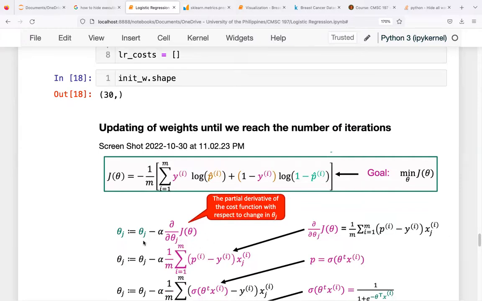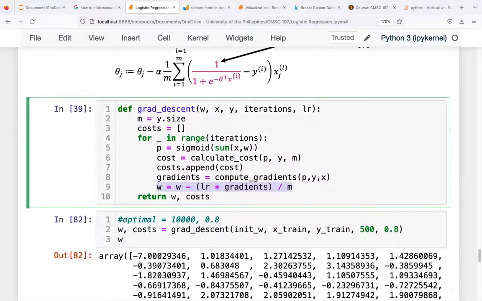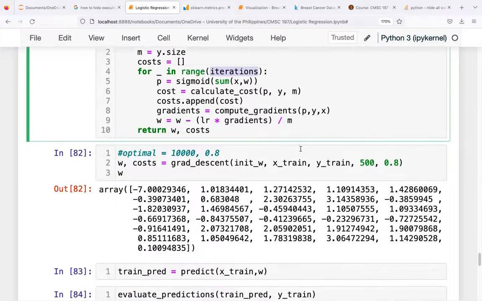So we have the weights minus the learning rate times the computed gradients. Okay, which came from this function. And now we have this continued until such time that we reach the number of iterations.